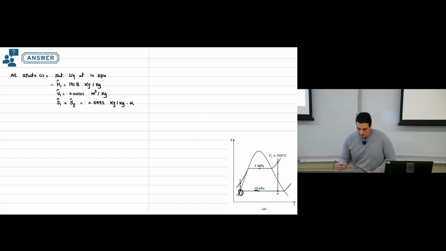Okay. The second point that we have full information about is point number 3. It's superheated vapor, but we have two pieces of information available. We have temperature given, we have pressure given at this point. So we can go to state number 3.